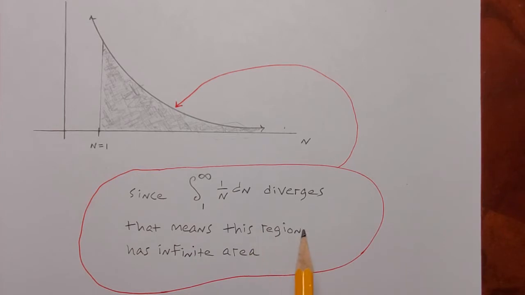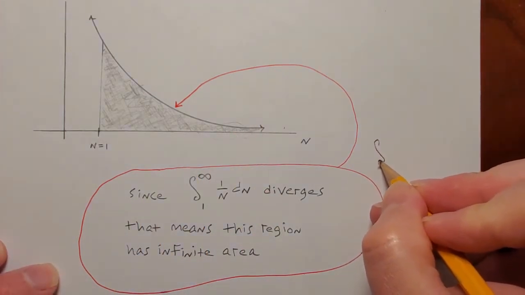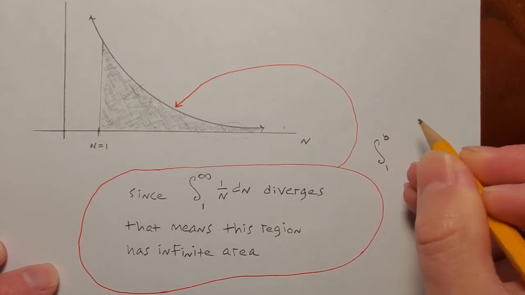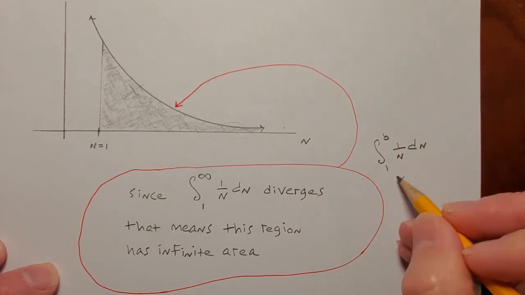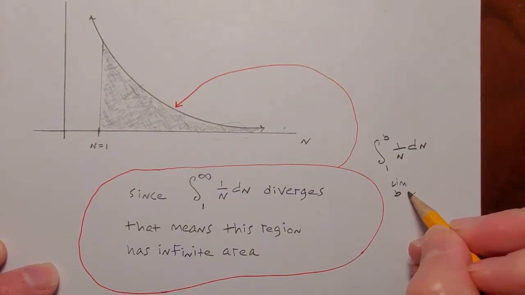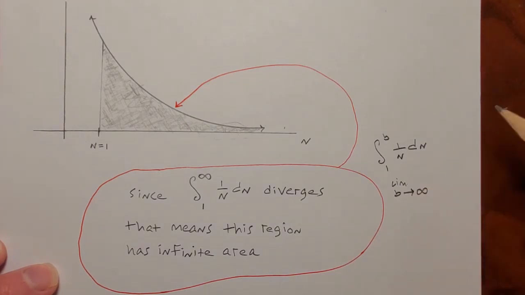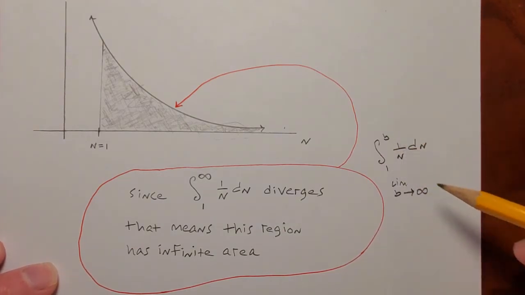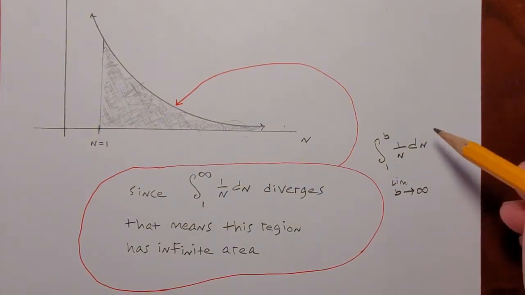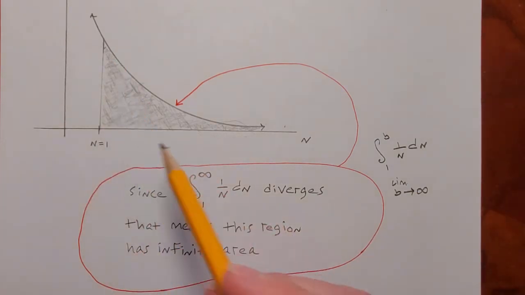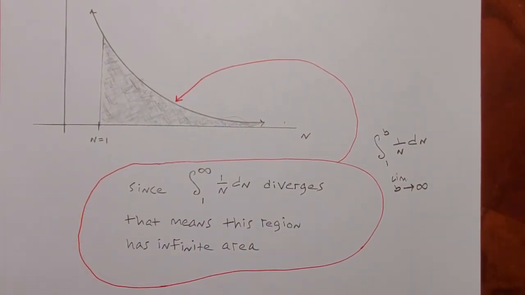First we need to accept that. You might remember that this is an improper integral, which is another topic, but the way that we would do this is we would evaluate the integral from 1 to b, and then push b to infinity, and whatever the result of that limit is, that's the result of the integral. That would be infinity in this case. So that has infinite area.